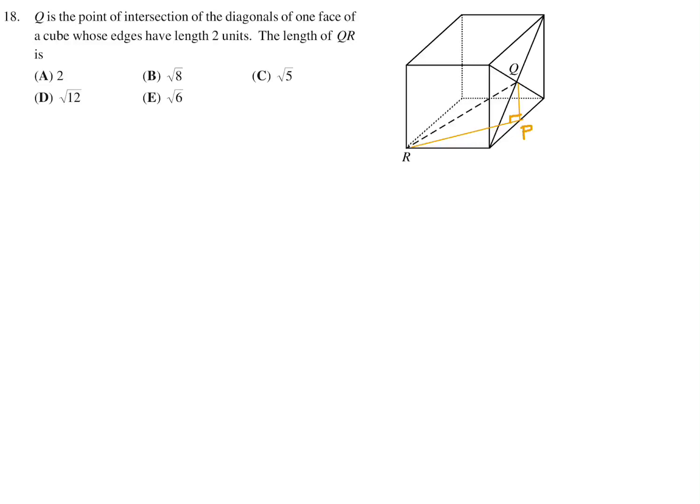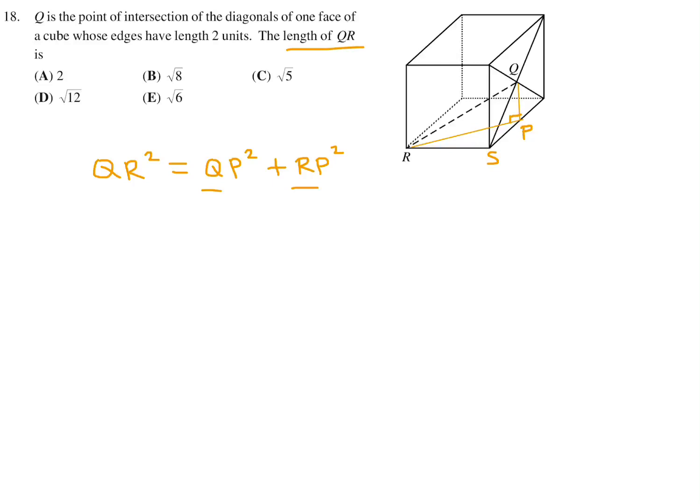We'll call this P, and we'll call this S. So if we have this triangle, we can immediately see that QR squared, using Pythagoras, is equal to QP squared plus RP squared. So if we can figure out QP and RP, we can figure out the length of QR.